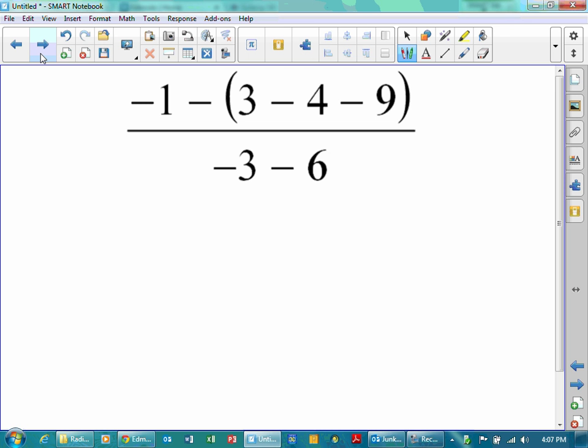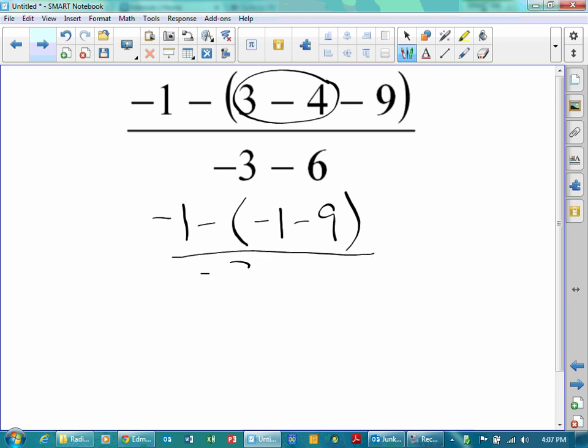Okay. So now let's give this one a shot. So we start in the parentheses. So negative 1 minus parenthesis negative 1 minus 9 over negative 3 minus 6. Still in parentheses, negative 1 minus 9. That's negative 10.